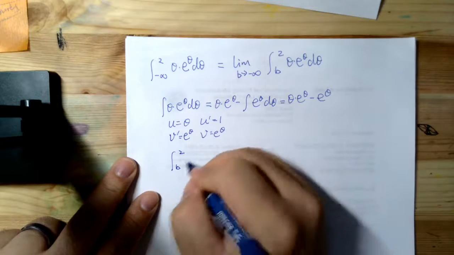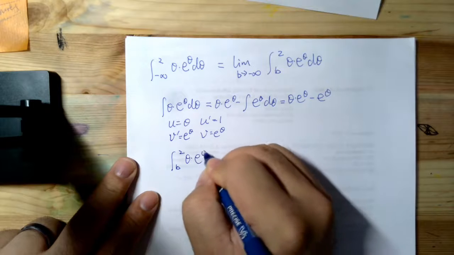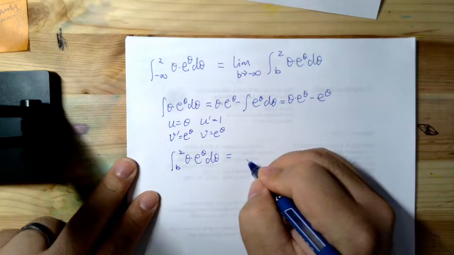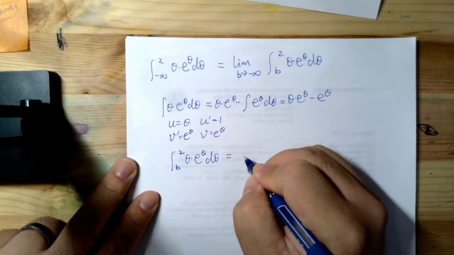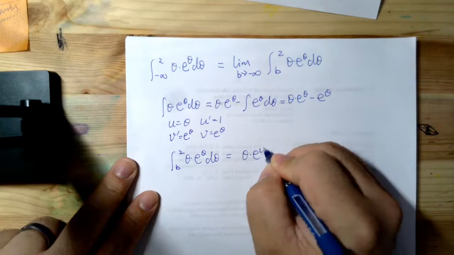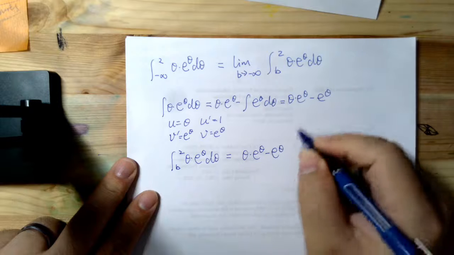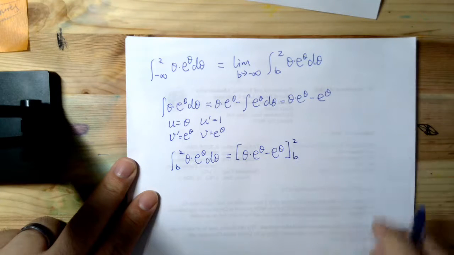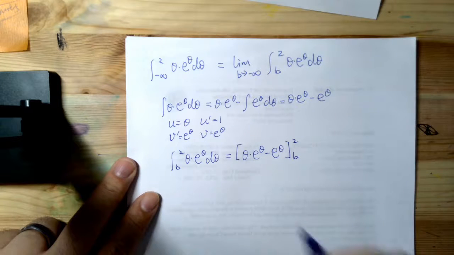Anyway, when we convert it into a definite integral, theta e^theta d theta turns out to be theta e^theta minus e^theta, evaluated between b and 2.